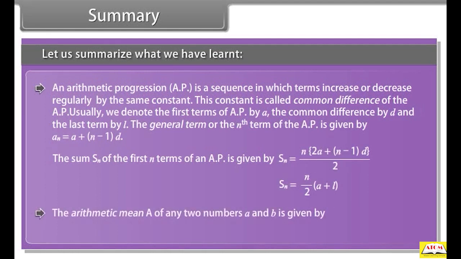The arithmetic mean capital A of any two numbers A and B is given by this. That is, the sequence A, capital A, B is an AP.